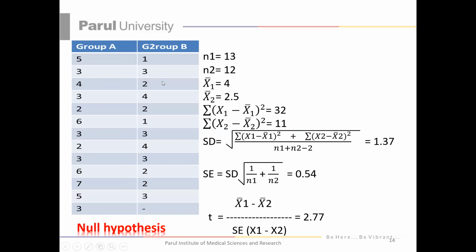Now, as we see, the number of subjects in the first group is 30, and the number of subjects in the second group is 12.